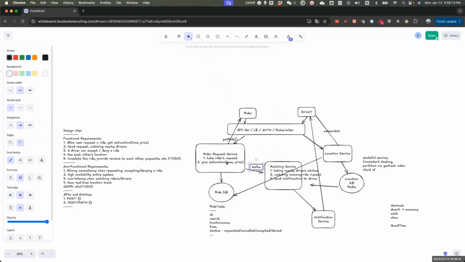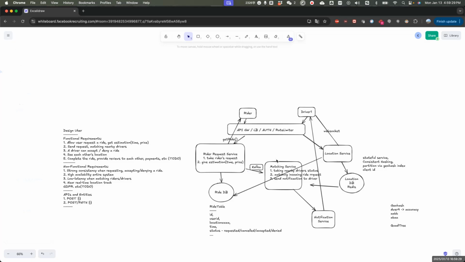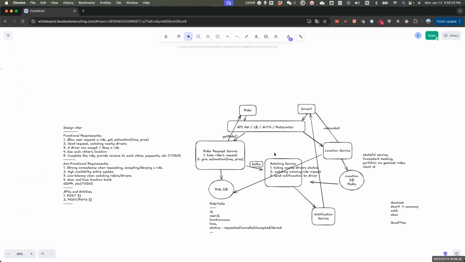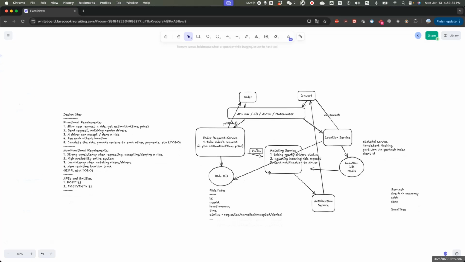For example, if rider 1 requested a ride before rider 2, Kafka makes sure that we keep that order in the same geolocation area. So that's why Kafka could be my number 1 choice here. Also, it decouples both services to make them more independent.